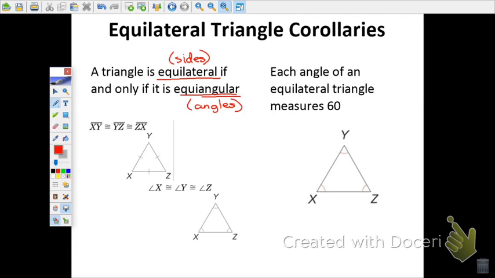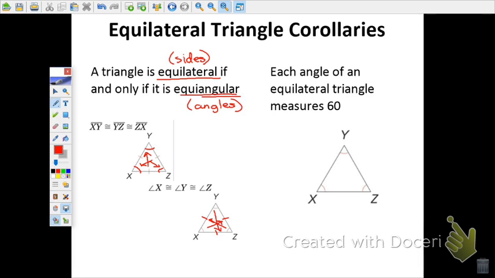If we're given that the sides are congruent, that it's equilateral, then it's also equiangular. We go opposite angles, we know all the angles are the same. If we're given that it's equiangular, we know that it's equilateral. All 3 sides are the same. So just like with isosceles, only equilateral is all 3 sides, all 3 angles.